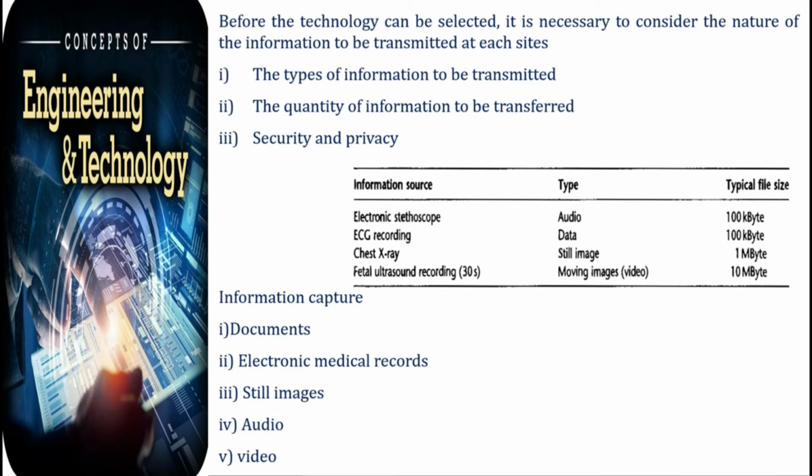So imagine I want to transfer a file from one location, the rural center, to the nodal center, to the reference center. I need a proper communication medium to send a 10 MB file or 100 MB file. So this is where we need to understand what type of information we are going to deal with. A simple ultrasound image itself is this much.